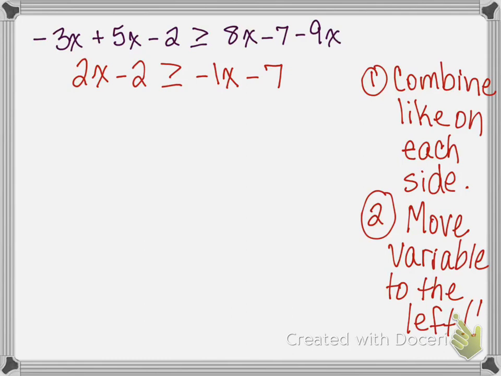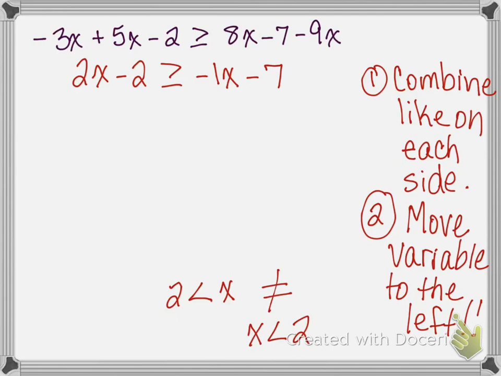Because if I had 2 is less than x, that is not the same as x is less than 2. These two things are not equivalent. You have to reverse the sign again. 2 is less than x.